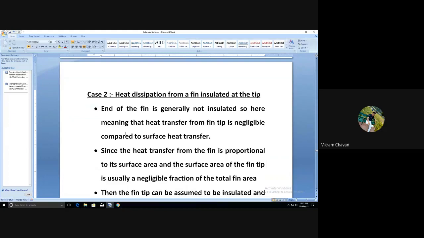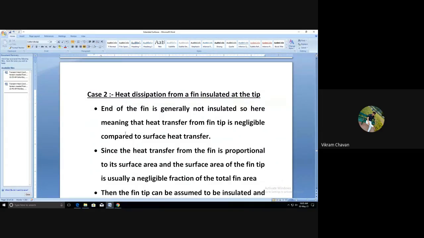So the temperature difference between the fin surface and the surrounding, T minus TA, will be equal to T naught minus TA, and that difference is considered as theta naught, the temperature difference at the base of the fin.